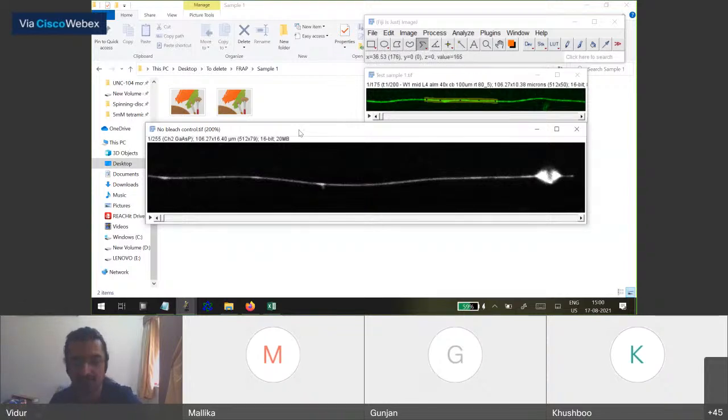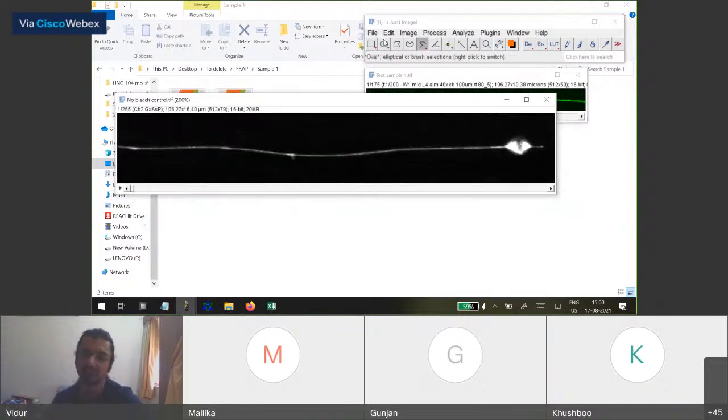Since this is a neuron, we use a line because this is a one-dimensional process. So you can just monitor recovery in this narrow line.